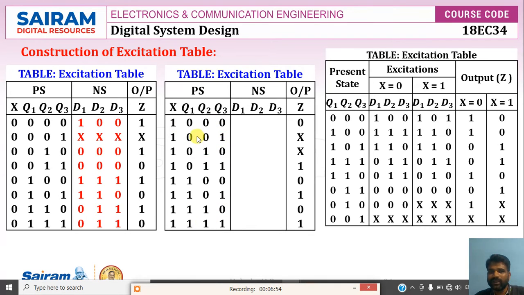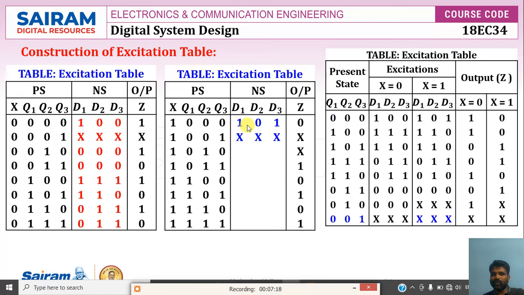That means we complete these D values by observing the X is equal to 1 column, and state variable values 000 to 111. For 00, this is the value which I am highlighting in blue color. The same 101 is replaced, written here.